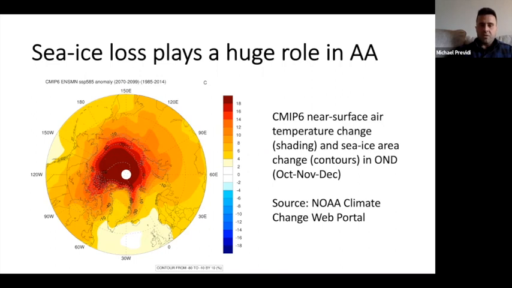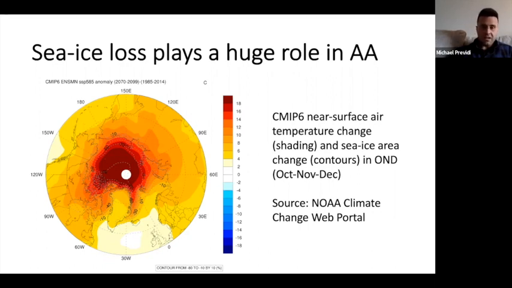And what this exercise asked you to do was to create a plot just for the Arctic this time, and to plot the surface air temperature change over the course of the 21st century as shading, and to overlay that with contours that show the change in the sea ice area. And so what you can see here pretty clearly, hopefully, is that the Arctic warms everywhere, but the maximum warming occurs over the central Arctic, over the Arctic Ocean, and that coincides with where the greatest sea ice loss is occurring.